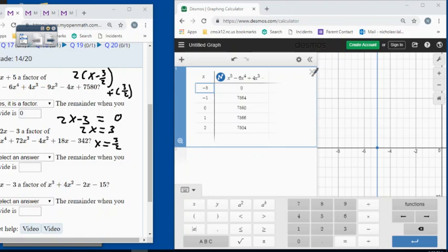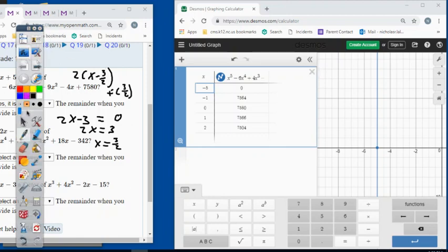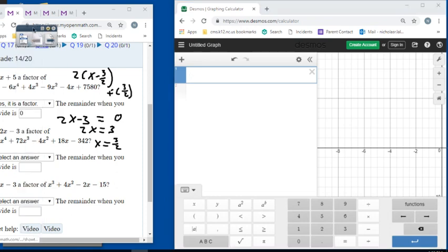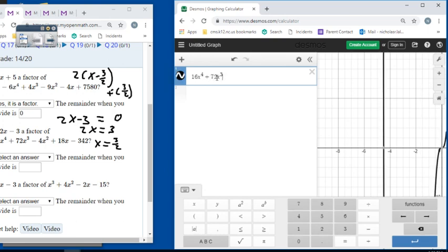Anyways, what I do is I clear this function. I need to find the value 16x to the 4th plus 72x cubed minus 4x squared plus 18x minus 342.